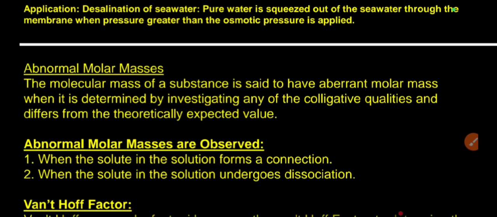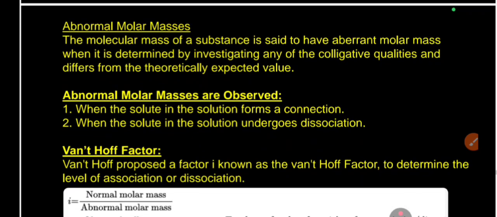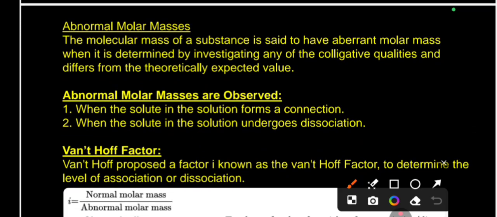So here a few terms are written. Aberrant molar mass is determined by investigating any of the colligative properties and differs from the theoretically expected value. Theoretically means what we are thinking, what they actually have.